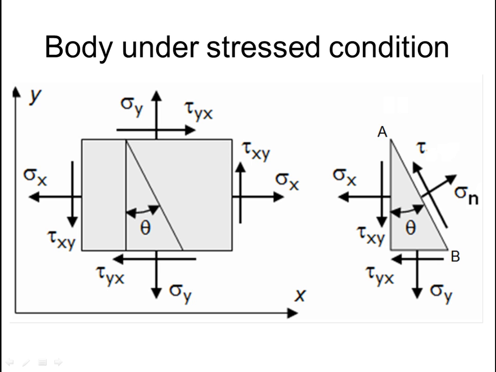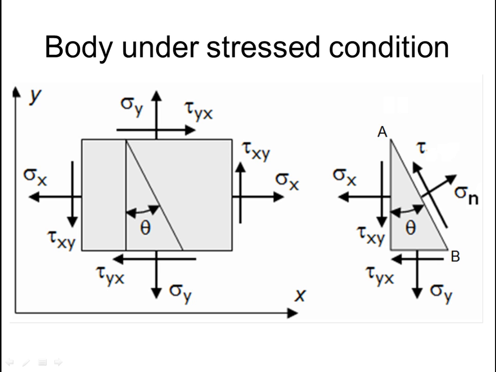If we take one oblique plane in this body, suppose this is AB, this plane is at angle theta from the vertical plane, measured in the anticlockwise direction. The value of theta is between 0 and 90 degrees. In this oblique plane AB, the normal stress is sigma n and the shear stress is tau.